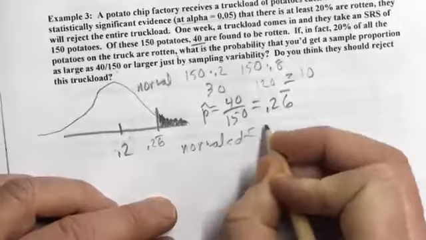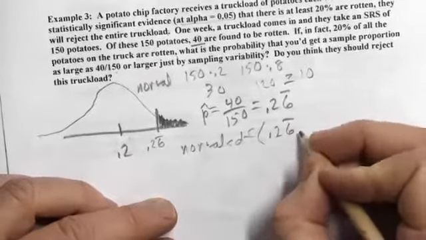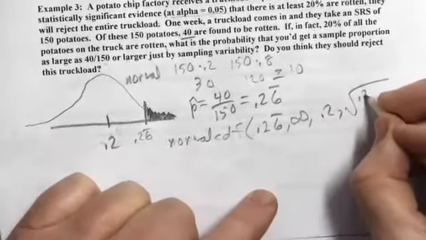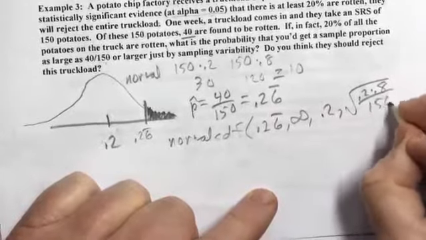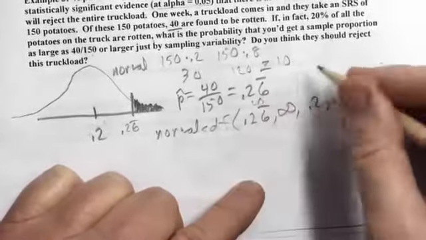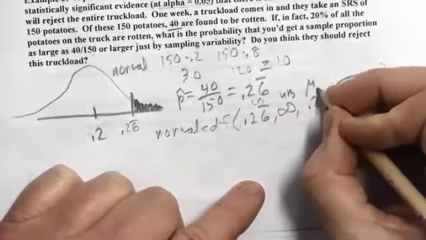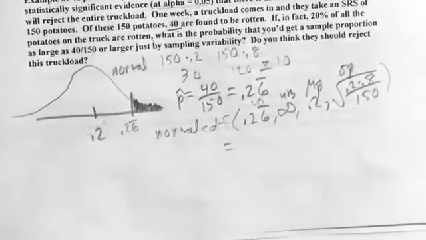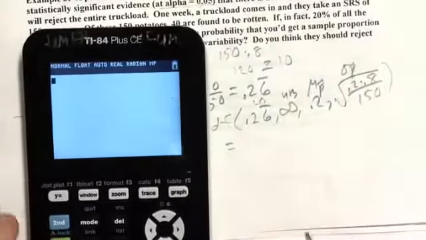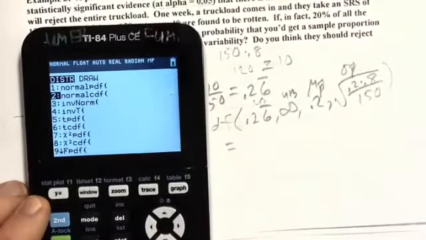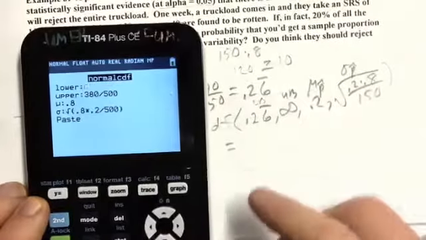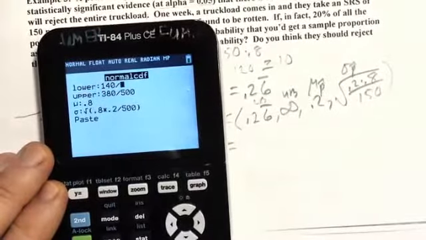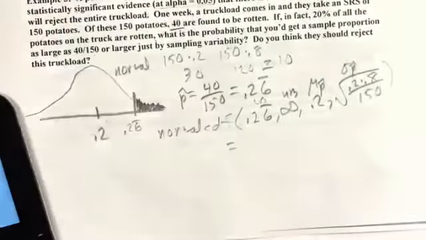Normal CDF from 0.26 repeating to infinity. Our mean is 0.2, and our standard deviation is the square root of 0.2 times 0.8 over 150. So label this as our lower bound, label this as our upper bound, label that as the mean of our p hats, and there's the sigma of our p hats. So we say second distribution, normal CDF, and I'll enter that fraction: 40 out of 150.